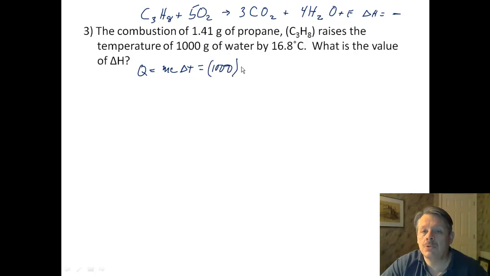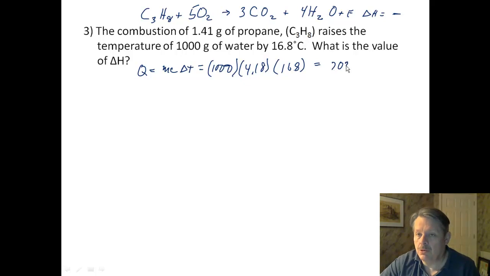We always do this for water, because for water we know the specific heat. And our change in temperature, oh, it just tells us it goes up by 16.8. How nice of them. We don't even have to do any math there to get that. Right? So that's going to be 70.224 joules, which is 70.224 kilojoules.